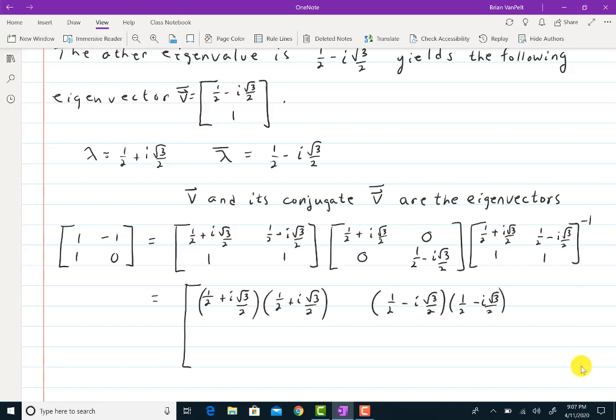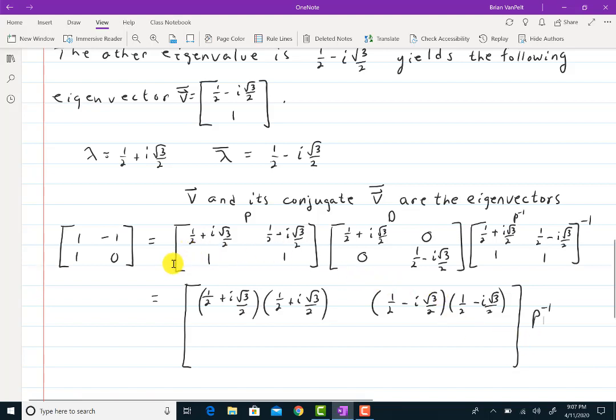Let me give this thing a name here. This is P. This was equal to, what did we call that? D for diagonal. And then this was P inverse. Because I'm running out of room on this side, I'm just going to put my P inverse. I'll handle that in a little bit.